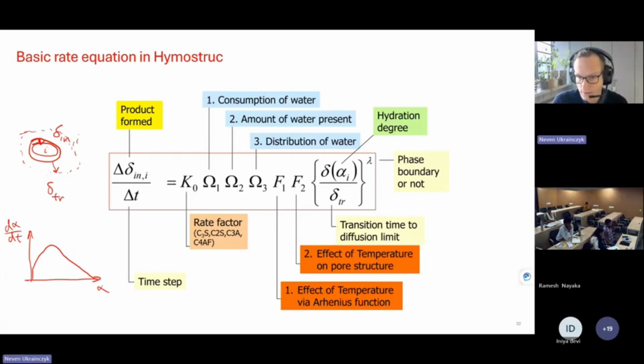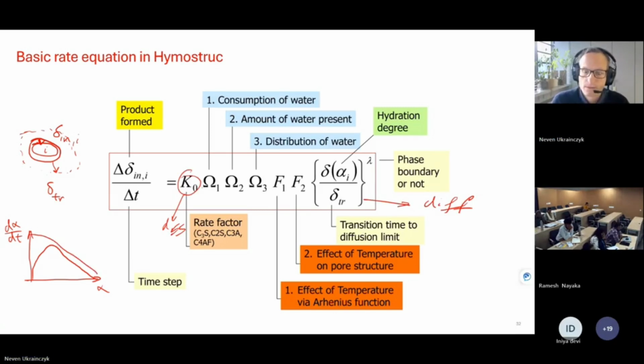But HYMOSTRUC actually goes this way, because this is basically the solution, and this part is diffusion. So you have directly a very high rate, and then you enter the diffusion. This is the model from HYMOSTRUC, because it was not meant to simulate early hydration, it was meant to simulate 28 days and later. This is why it was like this.